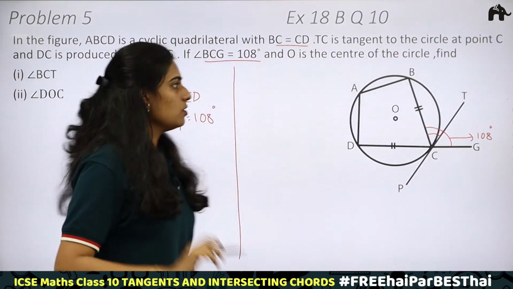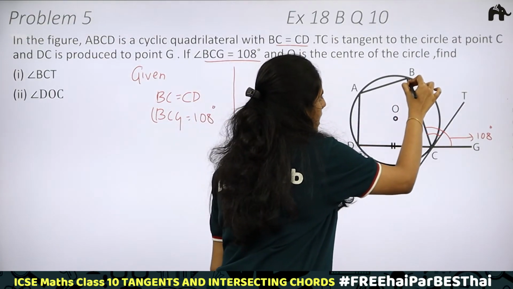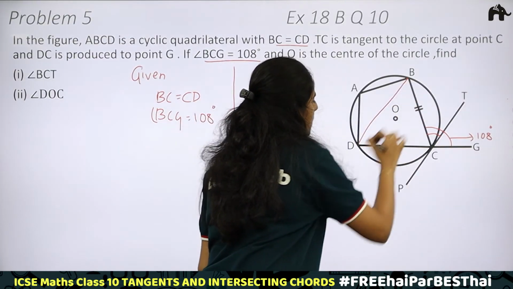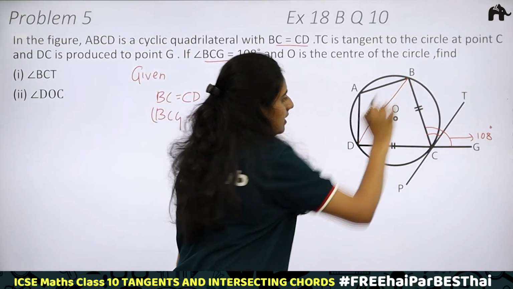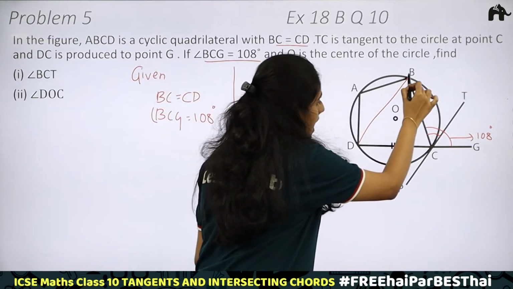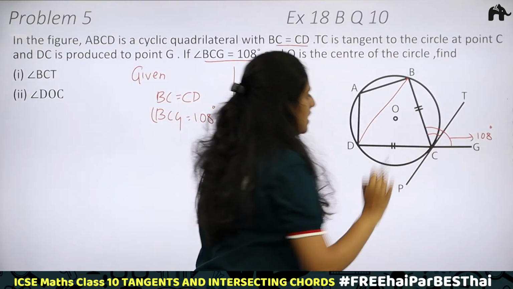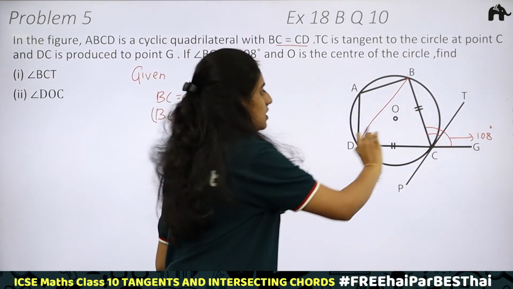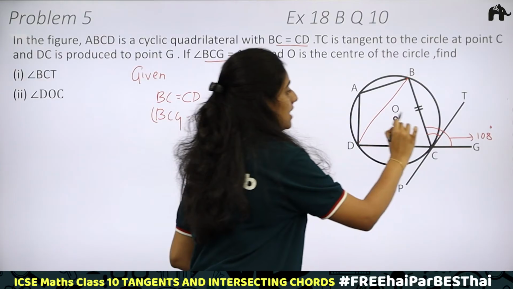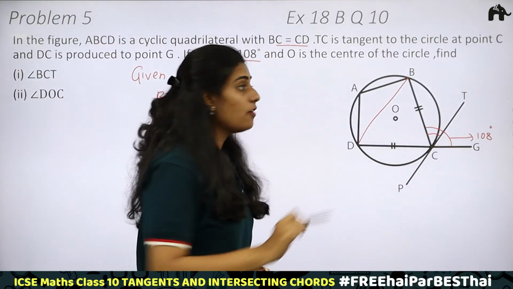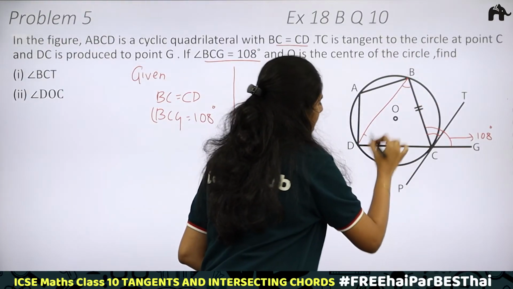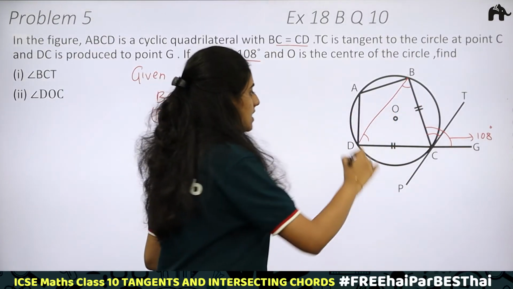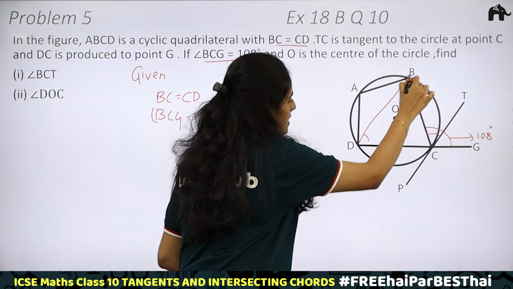Now what I am doing is joining these points B and D. Here we get a triangle. Now this angle BCG is an exterior angle to this triangle. We have studied that an exterior angle is equal to the sum of the interior opposite angles. The interior opposite angles are DBC and BDC.